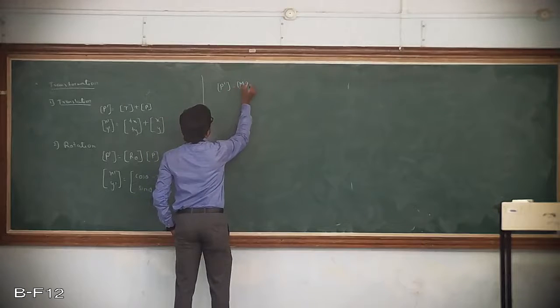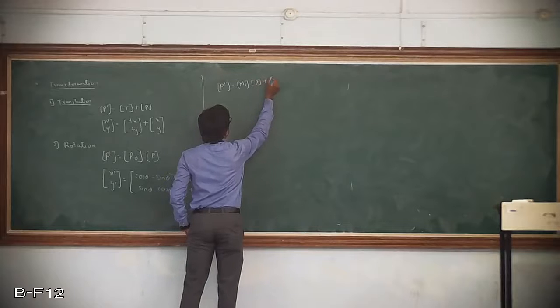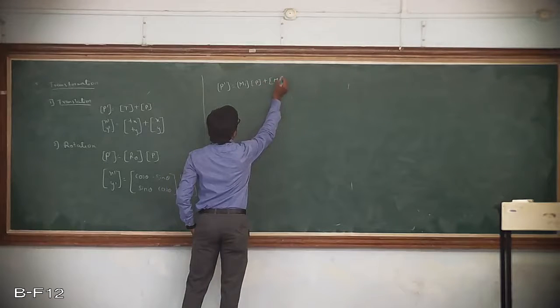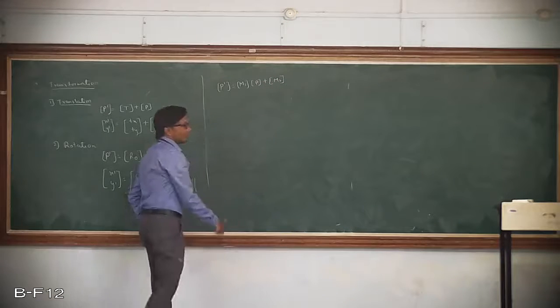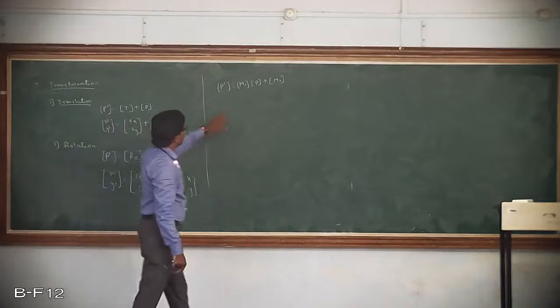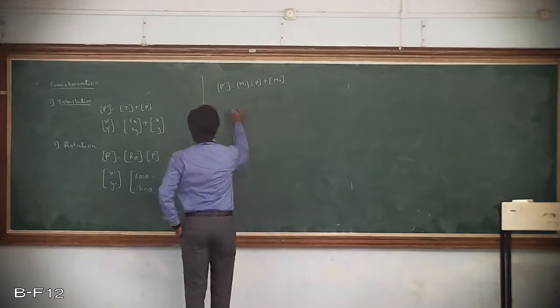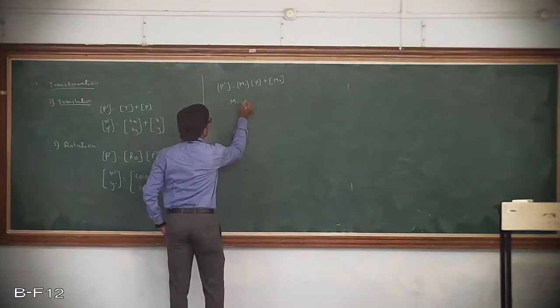M1 into P plus M2. So what does this mean? In general, I can write this as M1 into P plus M2, where M1 is the multiplicative matrix.